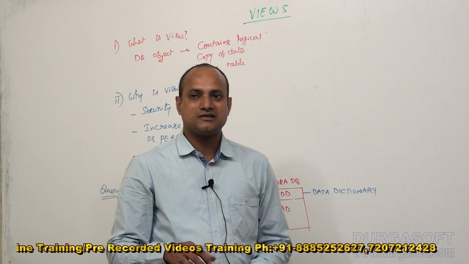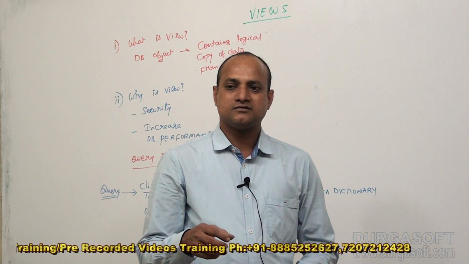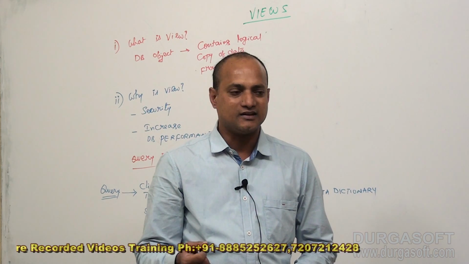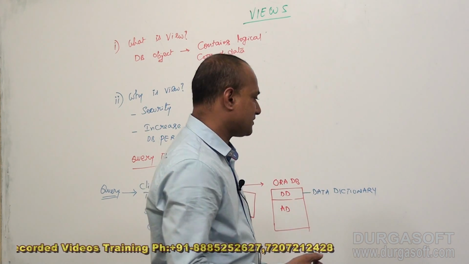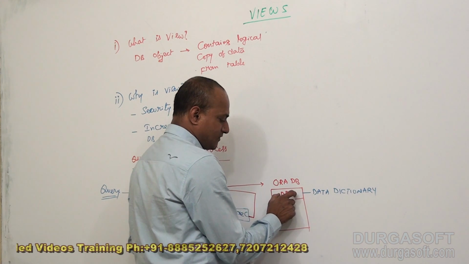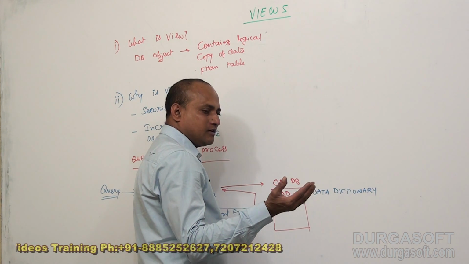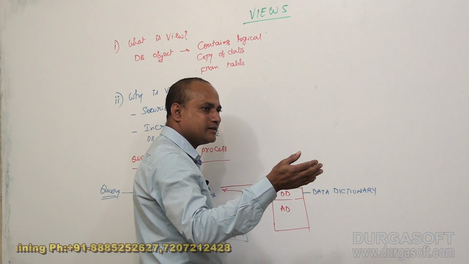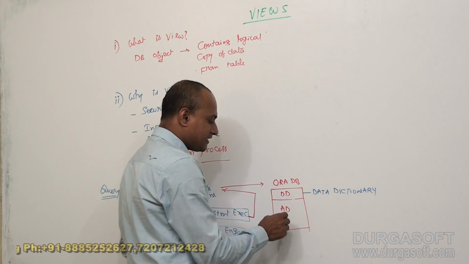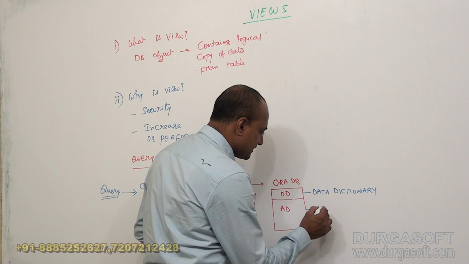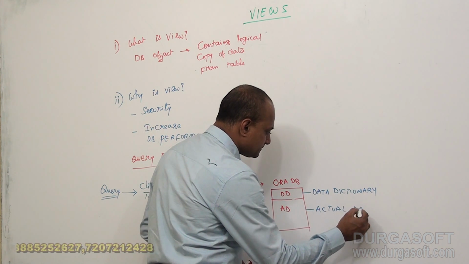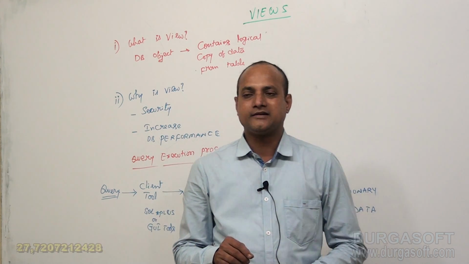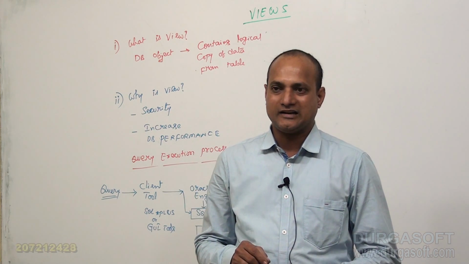Simply we can say the structures of Oracle objects: tables, views, sequences, synonyms, users, functions, procedures, packages, triggers. All these object structures are maintained under the data dictionary. And the tables are populated with data; those actual records are stored under actual data. This is called actual data, and it is stored in the form of data blocks. Remember.